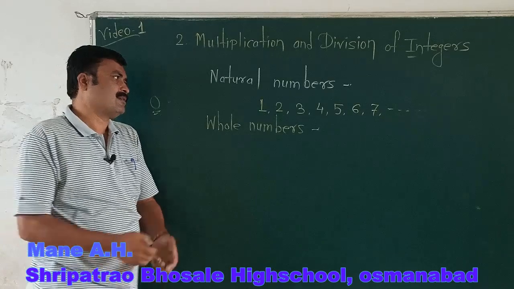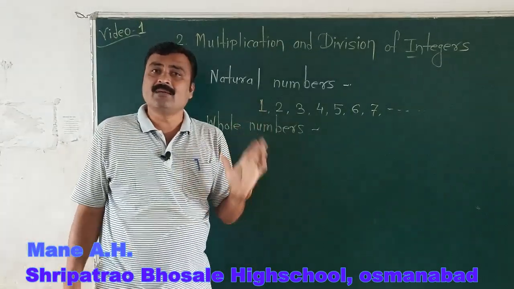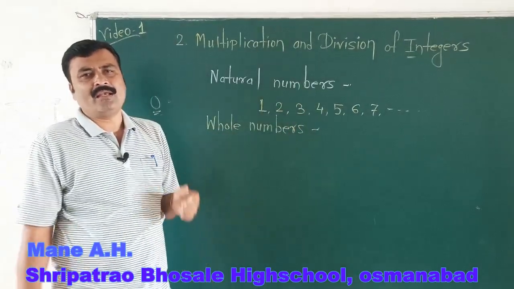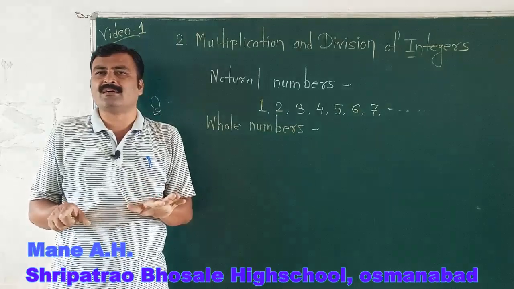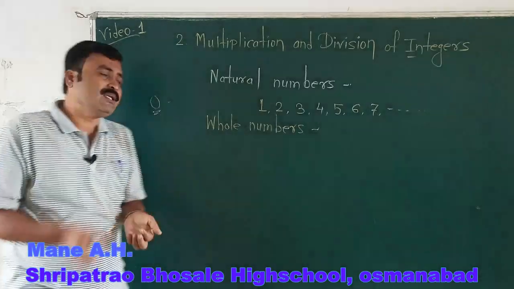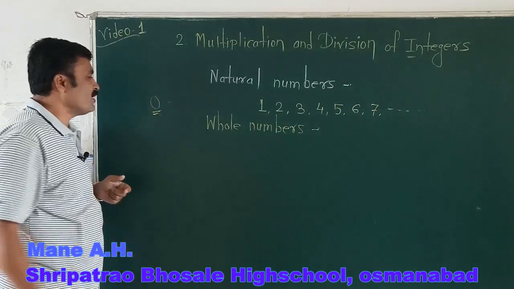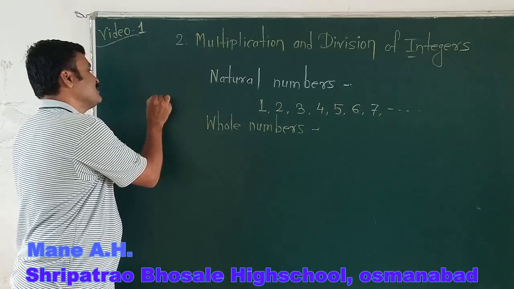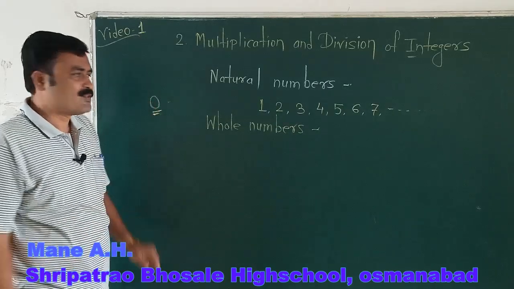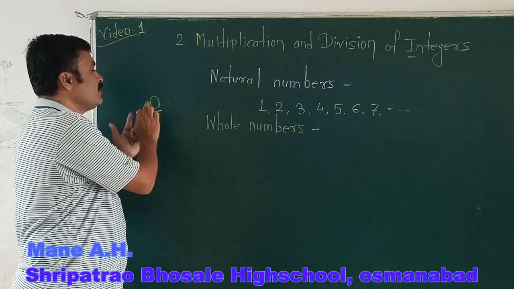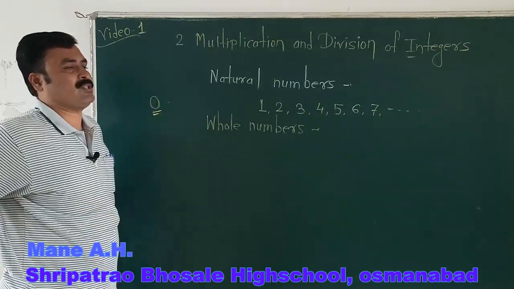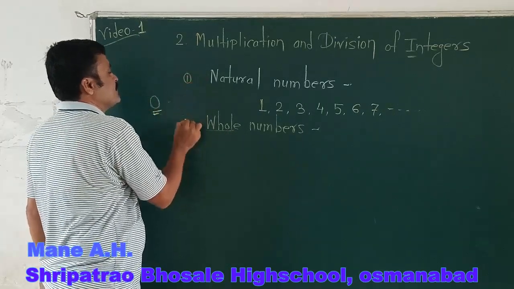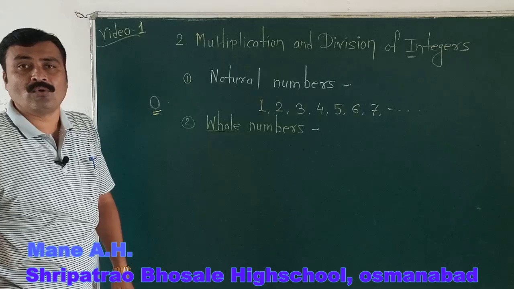So in mathematics, in natural numbers, we write the numbers that have their own value. But when we have to say nothing, no value, then we use the number 0. So to represent nothing, no value, Bhaskaracharya invented this 0. So when we include this 0 into the group of natural numbers, then we form the second group of the number system, that is called whole numbers.